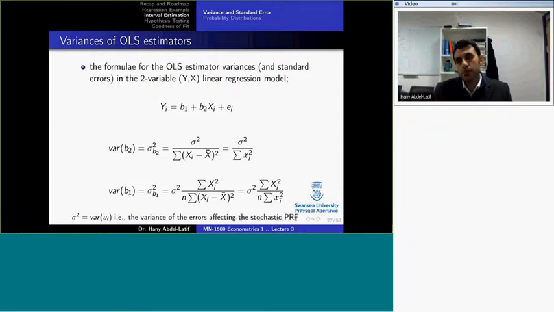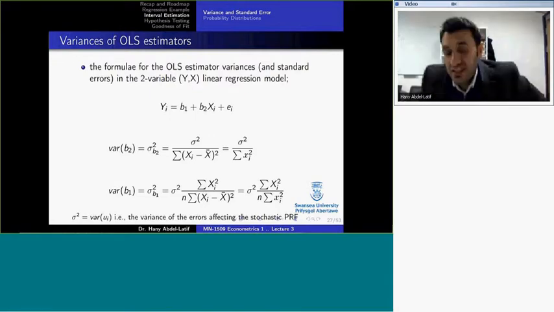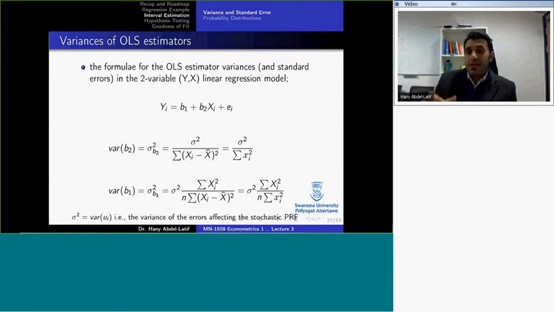To make it simple, let's use the small letters B2 and B1 to denote the estimation of beta 2 and beta 1. The variance of B2 and the variance of B1 are given by these formulas.